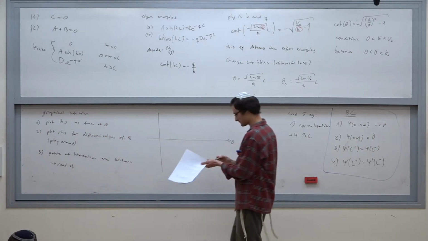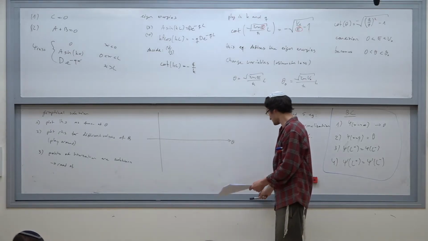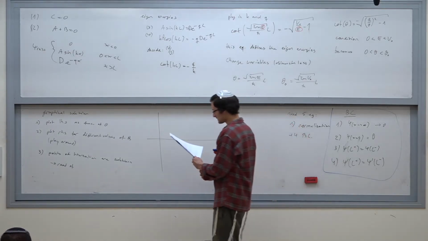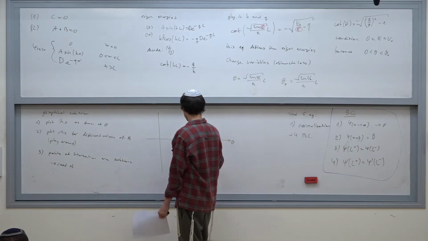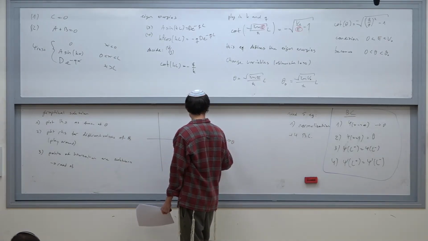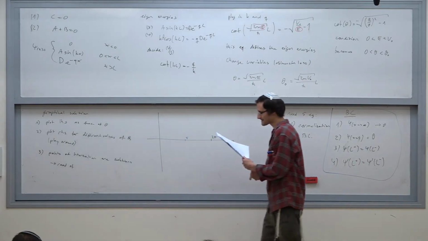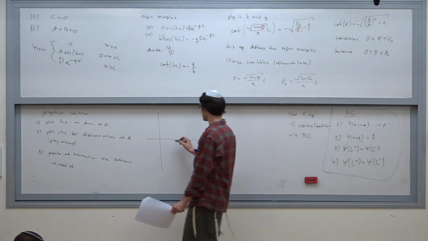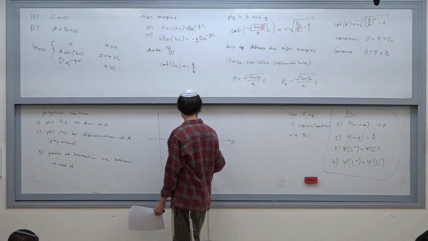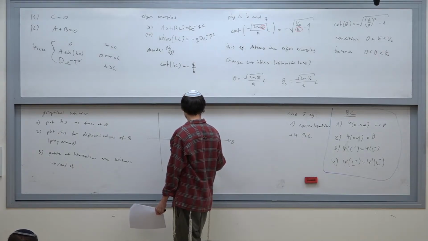This is theta, this axis. This is pi, 2 pi. This is pi over 2. This is 3 pi over 2.